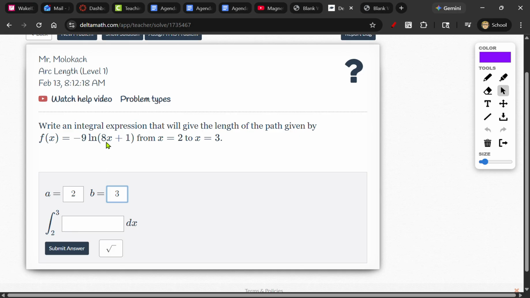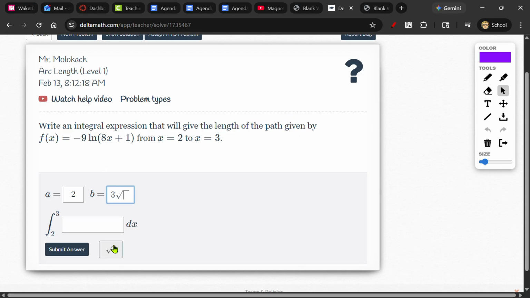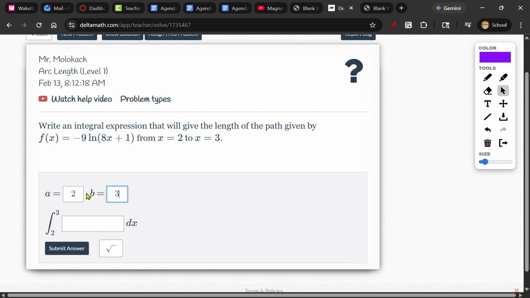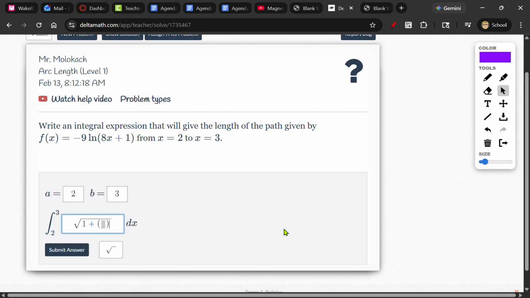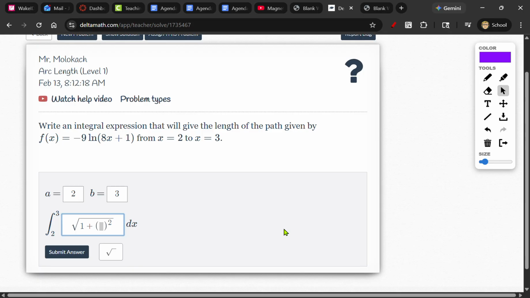And because this is a length of the path problem, I have to do a square root in my integrand, and this is going to be 1 plus something squared. Okay, what goes in that little gray spot? It's the derivative of this. So I have to figure out what the derivative is, and then just put it in that set of parentheses, and then I should be good, right?